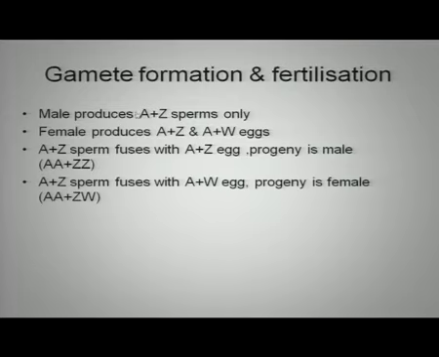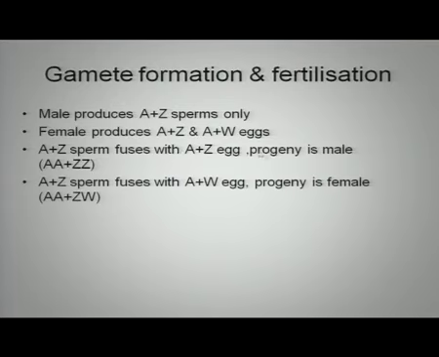Male produces A plus Z sperms only, that means only one type of sperm is produced, so it is homogametic. Female produces A plus Z and A plus W eggs.